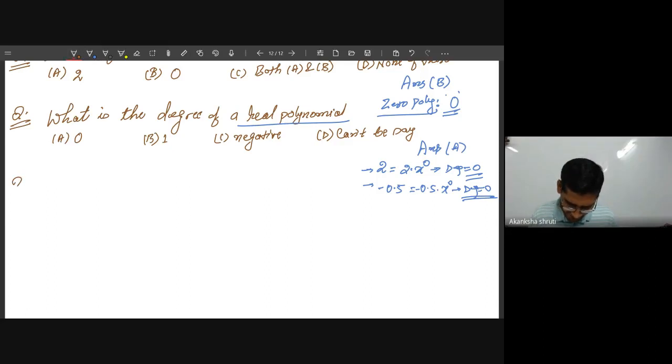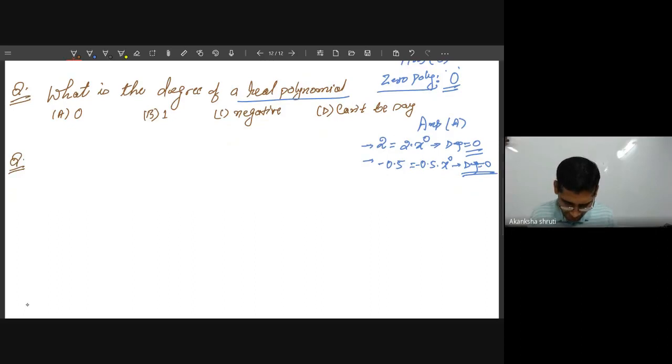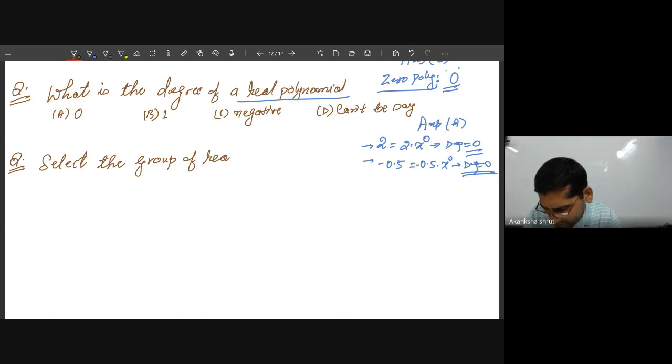One more question. Select the group of real polynomials.